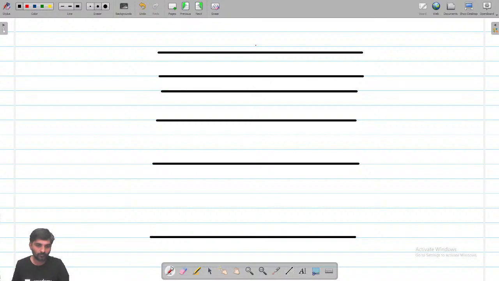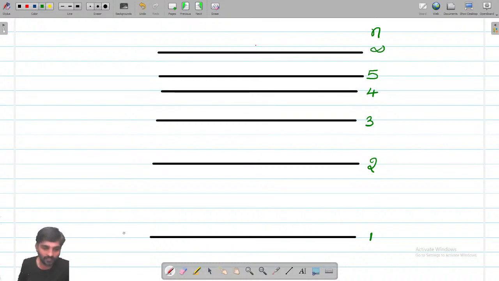So what I'm trying to write here is, this is 1, this is 2, this is 3, this is 4, this is 5, and this is infinity. This is the value of n. For different values of n, we got different values, right?